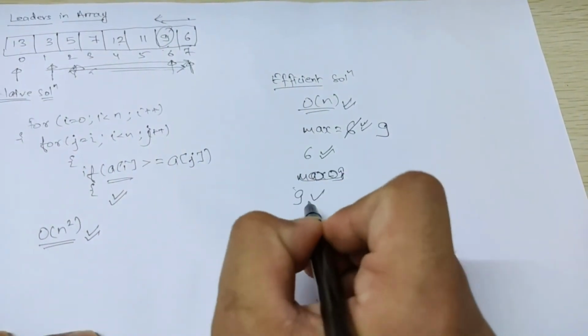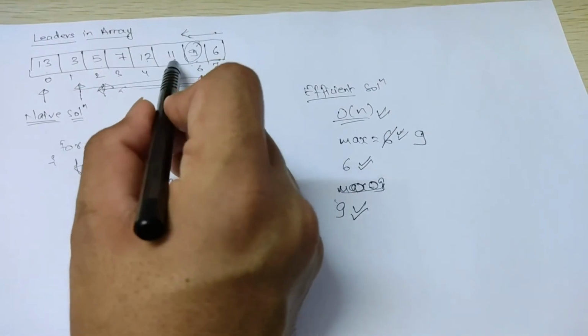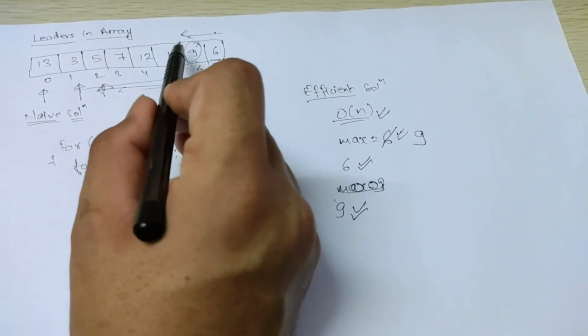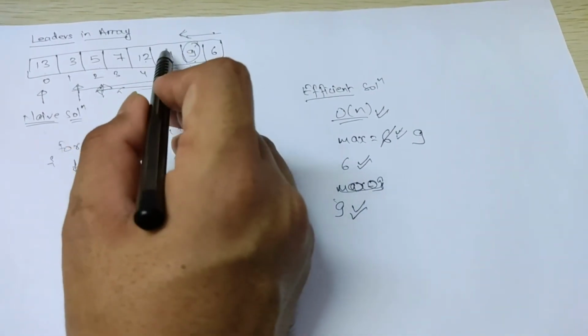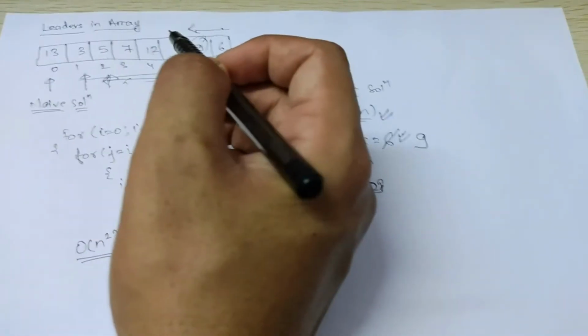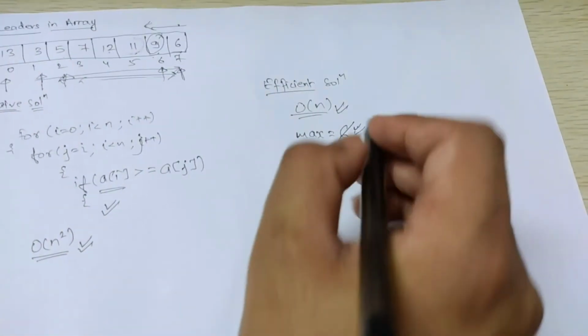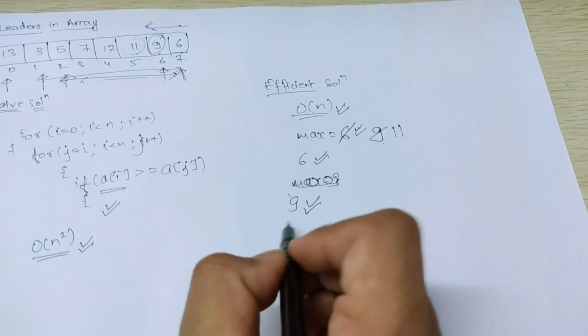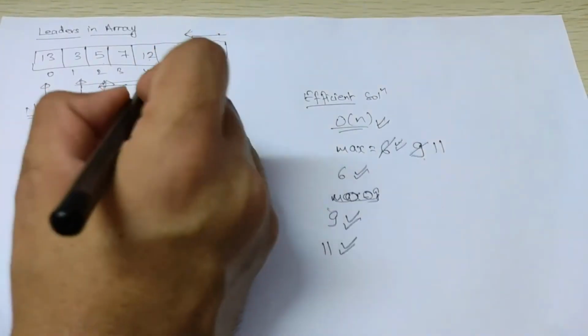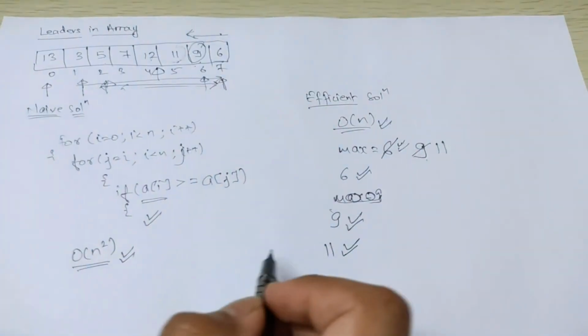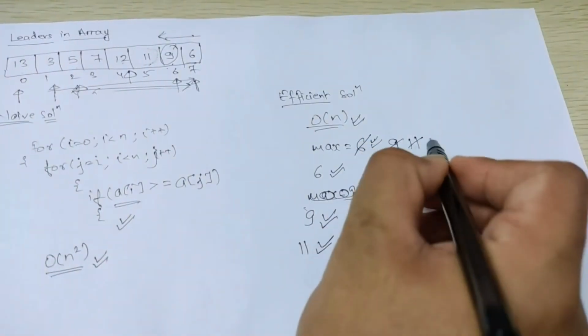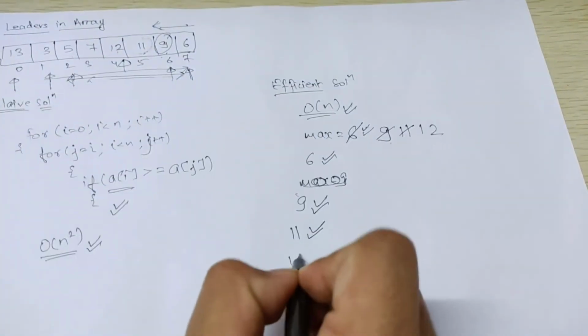So 9 is a leader. Okay, now you'll again move to the left and you'll come across 11. Now you'll compare 11 with the maximum element. 11 is bigger, so 11 is also a leader. Okay, now you'll move to 12. Now 12 is also bigger than the maximum element, so 12 becomes the maximum element and 12 is also a leader.